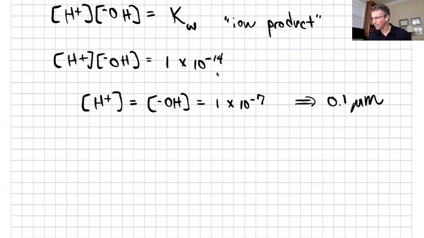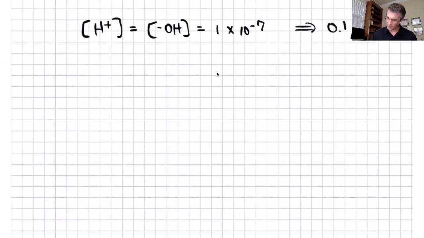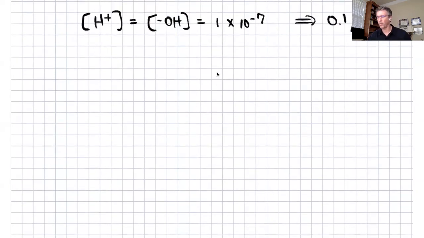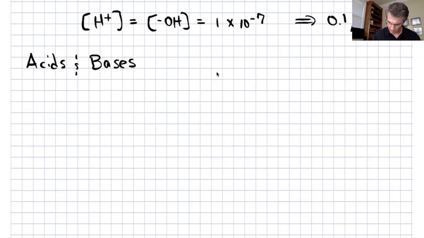Okay. Now, many of the reactions that we're going to consider, and that we care about, involve changes in proton and hydroxyl ion concentration, essentially, which leads us to now have to think about things like acids and bases, right?